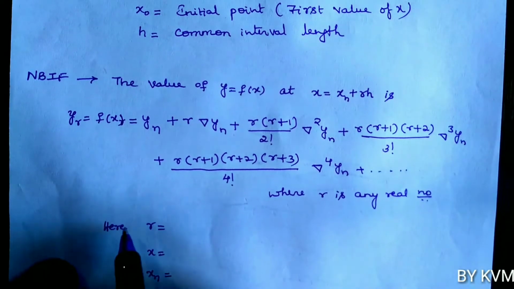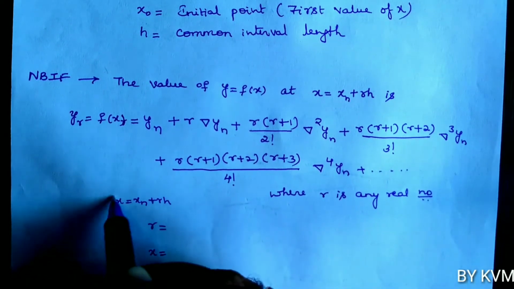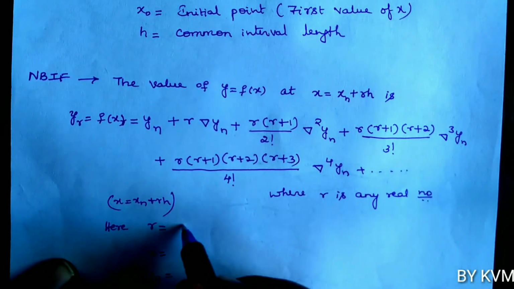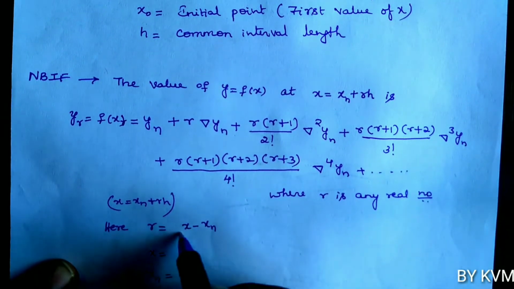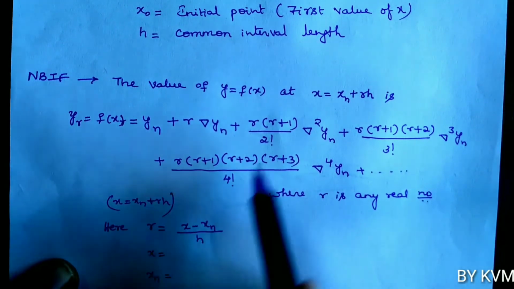And now, here x is xn plus rh. So r is x minus xn by h. We have to calculate the value of r in the formula.